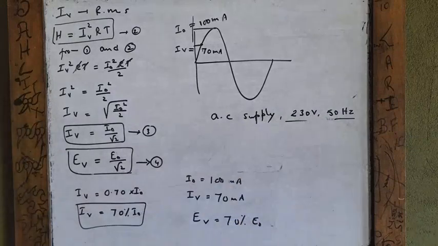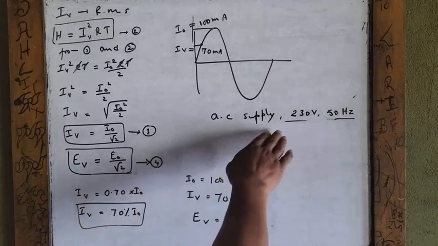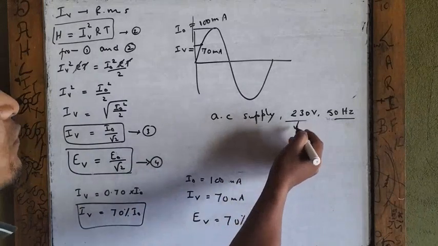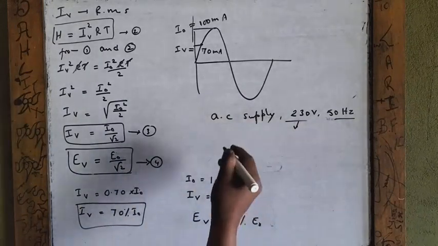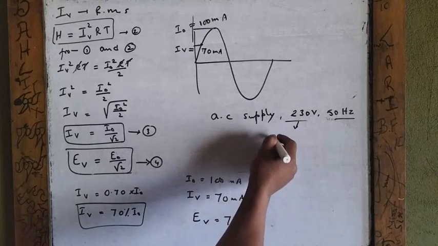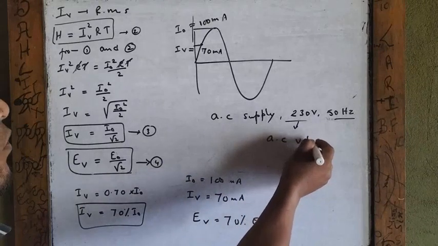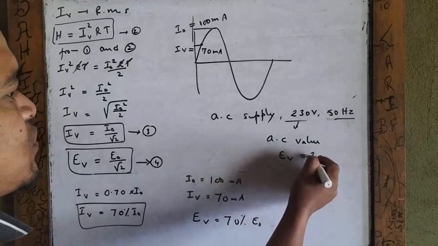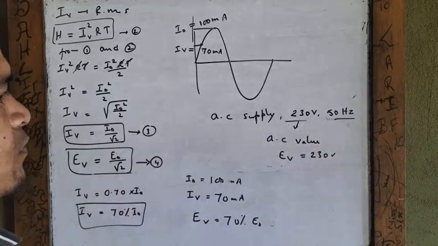This 230 means the potential or the EMF, and this 50 hertz is the linear frequency. So when the AC supply is written in this way, this number 230 volt is actually the root mean square value, or we can say it is E_v. So E_v here means 230 volt.